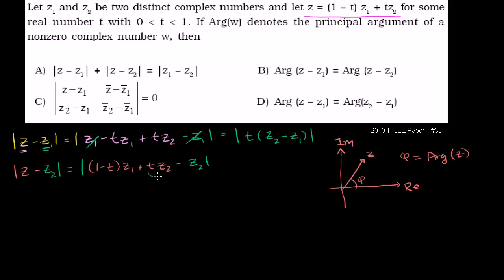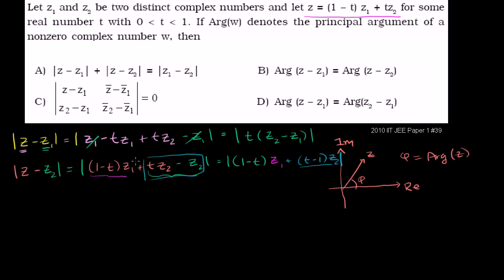We can factor out the z2 out of these two terms. So this is equal to the magnitude of (1 minus t) times z1, that's this term right over here, plus (t minus 1) times z2. The magnitude of this part over here is this thing over there.